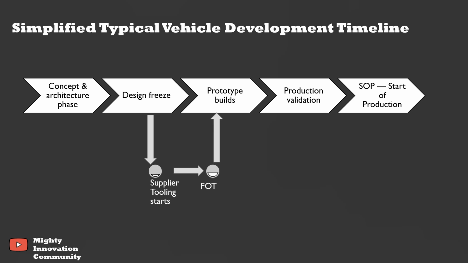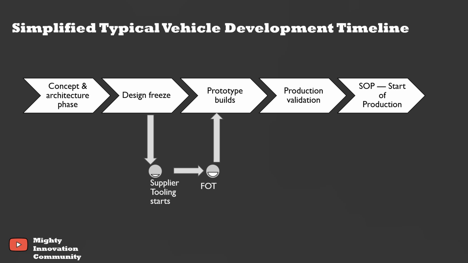In the vehicle time plan, FOT supports early vehicle builds or the first vehicle builds. It's usually the first time the vehicle comes together physically. Depending upon the OEM, this may be called a prototype build, an early build or integration build. So engineers basically check the gap and flush, fit and functions.